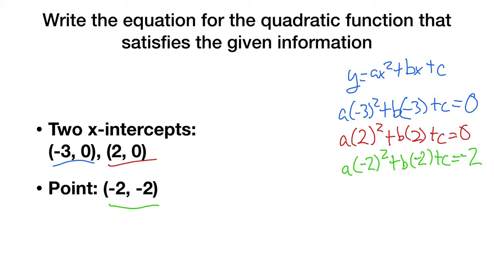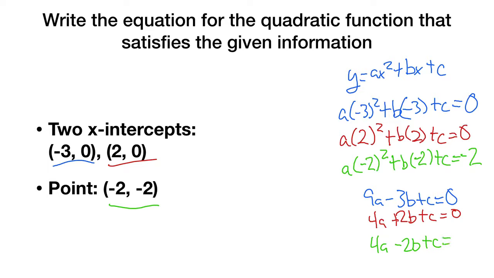At which point our final versions are 9a minus 3b plus c equals 0. On the next one, 4a plus 2b plus c equals 0. And finally, 4a minus 2b plus c equals negative 2.